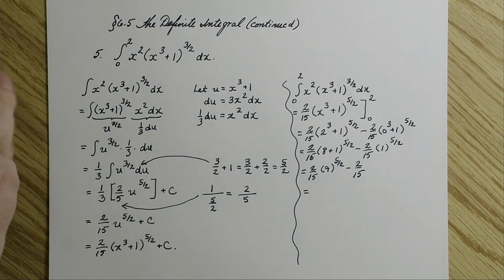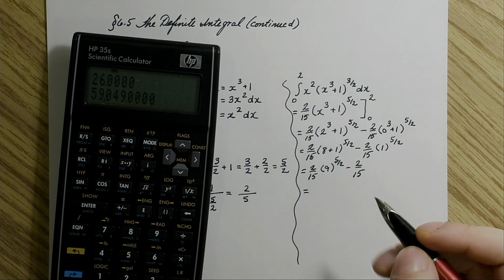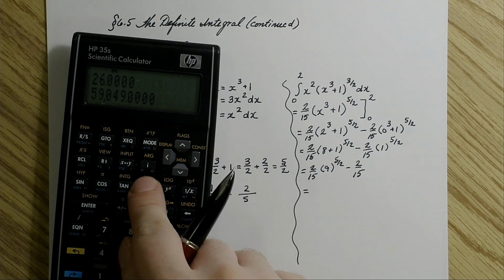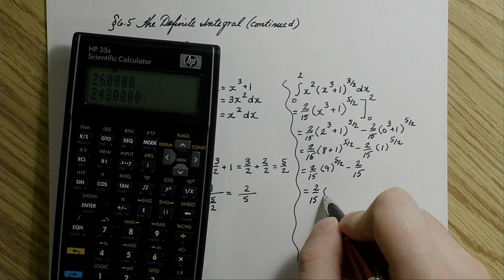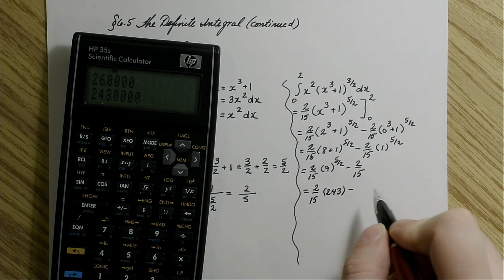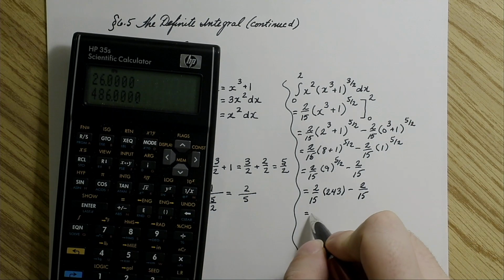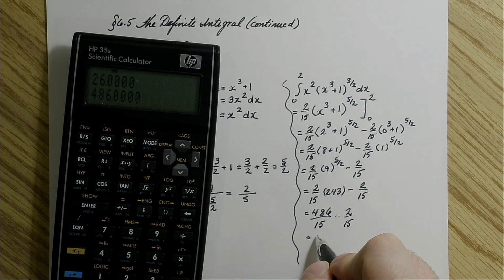This is when I'm going to pull out a calculator. 9 to the 5th is 59,049, and taking the square root, I get 243. Multiplying that by 2 gives me 486 over 15, minus 2 over 15, which leaves me with 484 over 15.